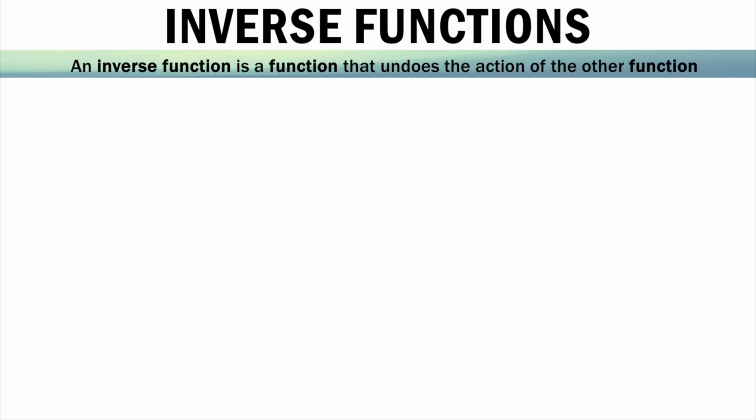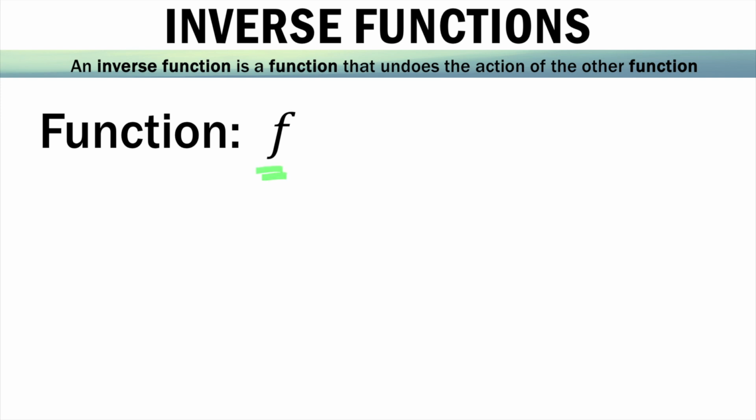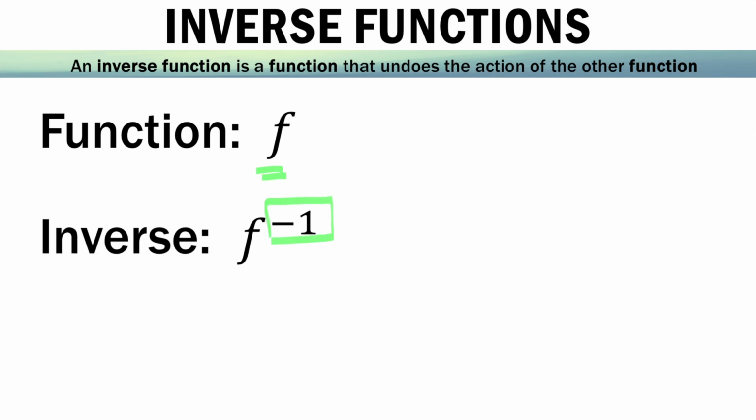An inverse function is a function that undoes the action of the other function. So let's say we have this function f. Its inverse function would be noted like this, f to the -1.